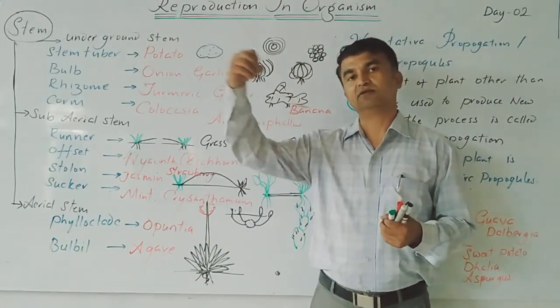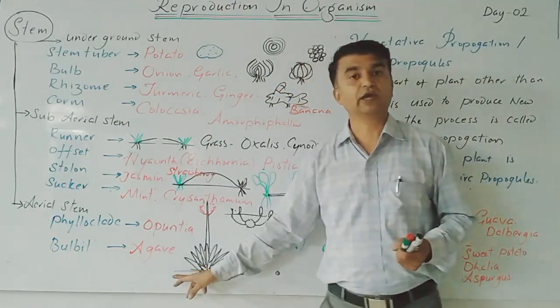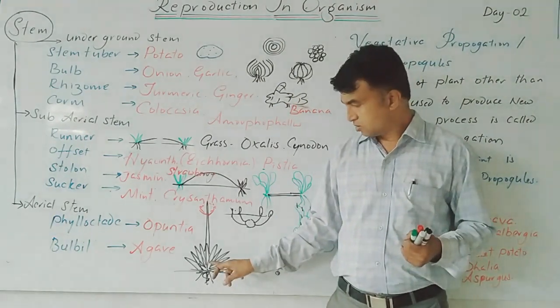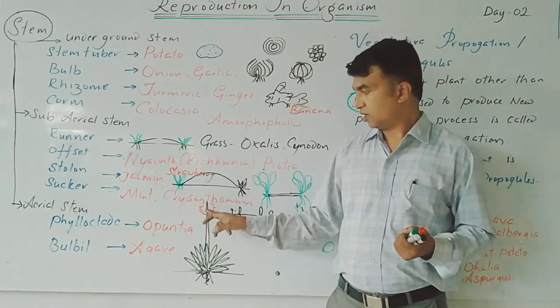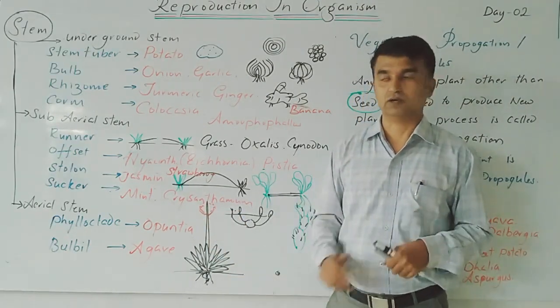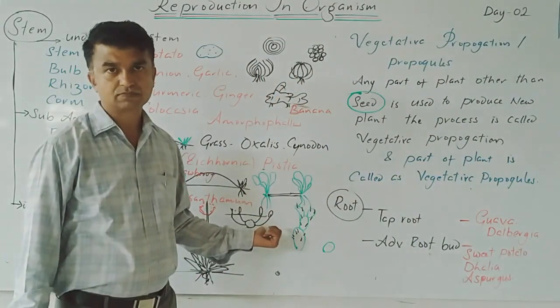It detaches and falls on the ground and develops into a new plant. Bulbil seen in Agave americana, a plant seen in North Karnataka. It has spiny leaves. This is a scape, and above that bulbils are produced. Whenever it falls, again it produces a new plant. So these are the aerial modifications, meaning stem modifications.